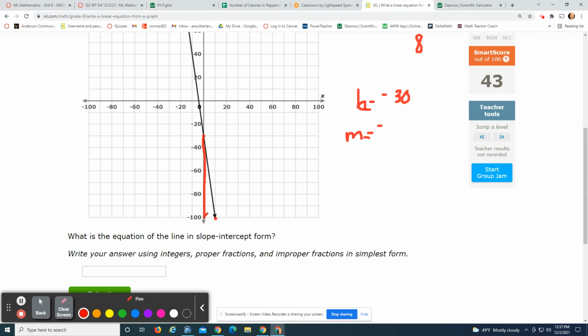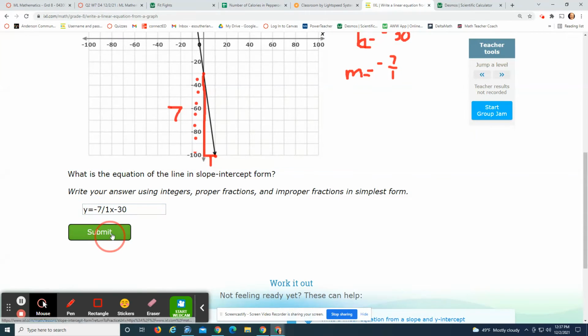It rises this time 1, 2, 3, 4, 5, 6, 7. Has a run of 1. So this is -7 over 1. So the equation you would type in is y equals -7 over 1x minus 30. And then you click submit.